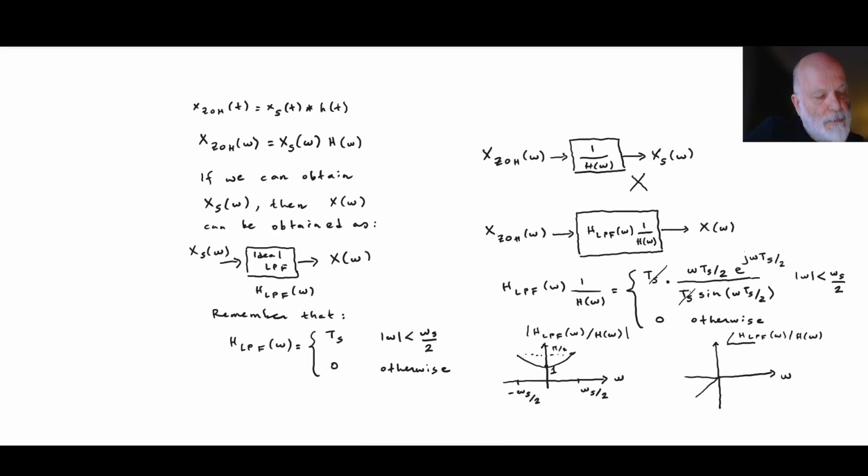So at omega s over 2, it will be equal to pi over 2, and at minus omega s over 2 we will have minus pi over 2. So it will be such a linear graph for the phase.